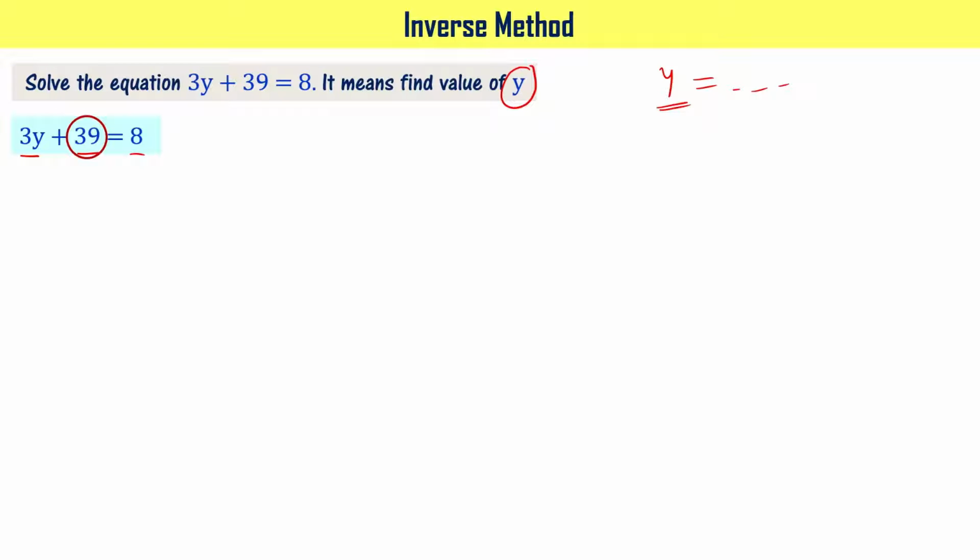Now, look at this. We have 39, right? 39 is getting added to 3y. 3y is the term which has got y, right? We want to finally get the value of y, right? So 39 is getting added to the term containing y. We know that the inverse operation of addition is subtraction, right?